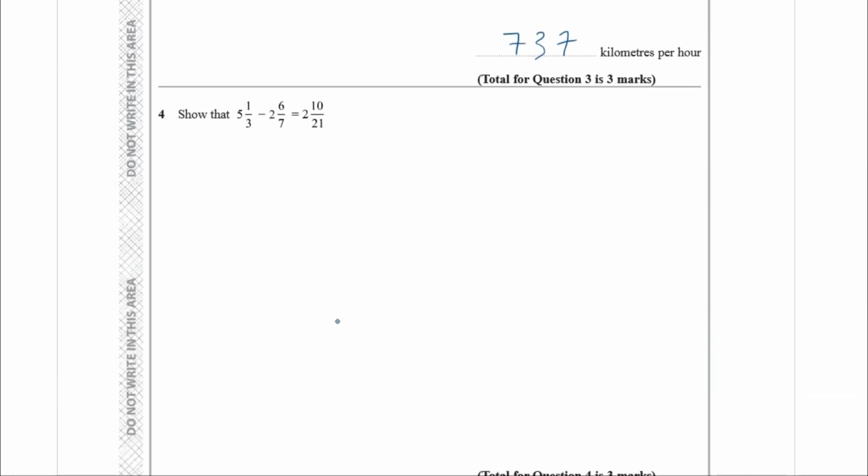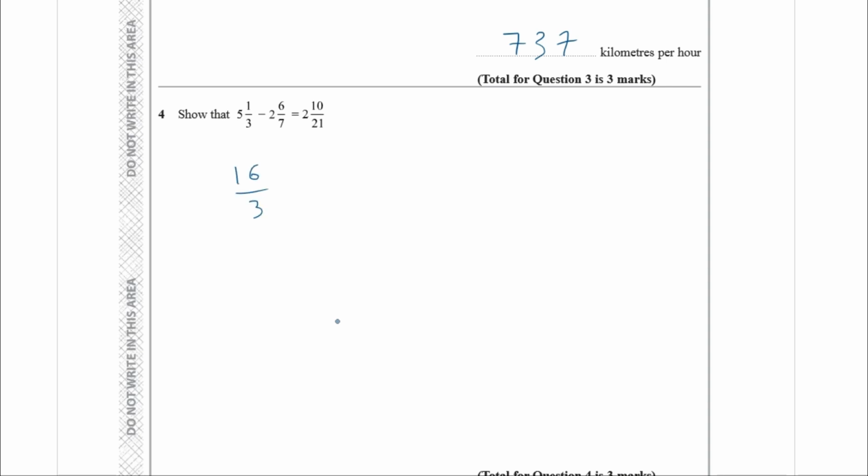For the next question, show that this is true. So 5 1/3, let's first change that into fractions. So 5 1/3 is going to be 15/3 plus 1/3, so 16/3.